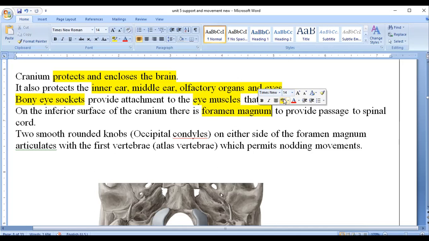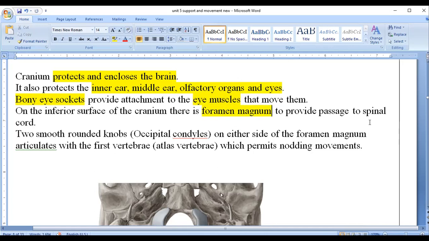Foramen magnum. In which bone did I tell you the foramen magnum is there? Can you remember? Occipital bone. So in the occipital bone, the foramen magnum is there.